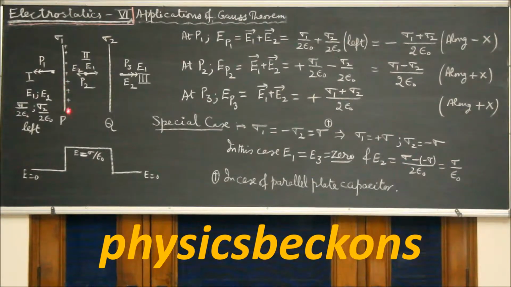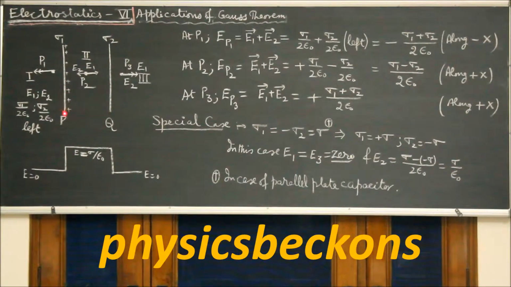For two large plane parallel charge sheets P and Q, let us suppose P has a charge density sigma 1 and Q has a charge density sigma 2, and further assume that sigma 1 is greater than sigma 2 greater than 0.